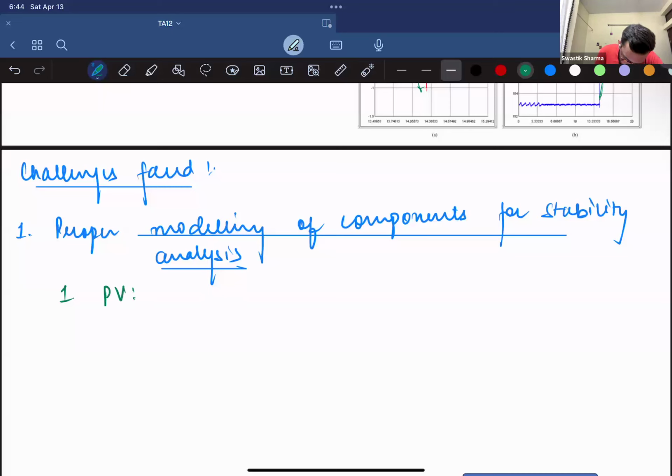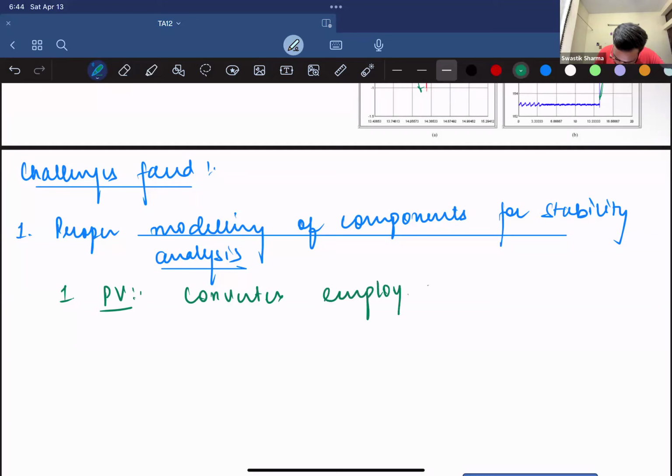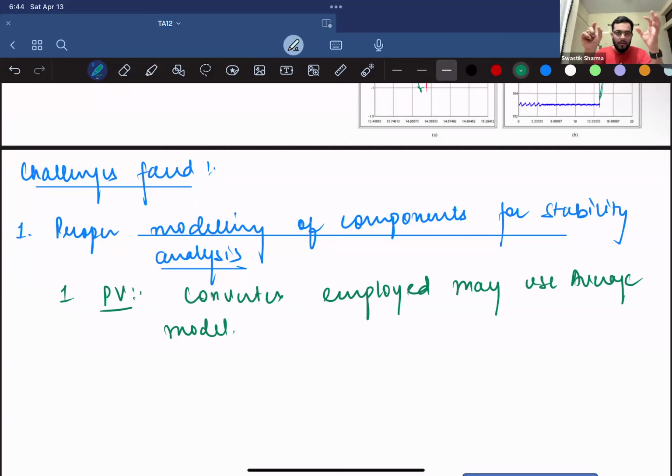So if you have a PV, the converters employ average modeling, and this average modeling averages out your responses over a particular period of time.